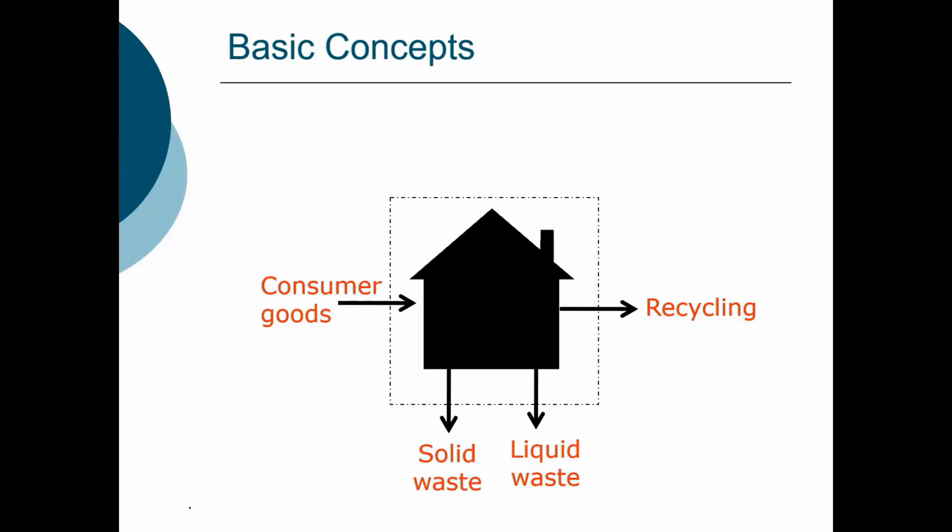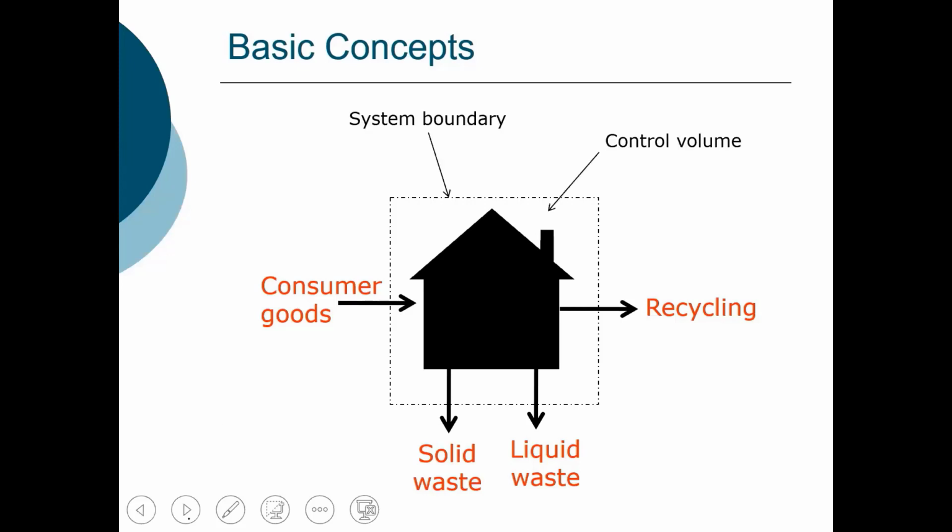We can define it, but we have to define the system boundary. The space within that system boundary is our control volume. So what we're looking at is the change in mass within that control volume.